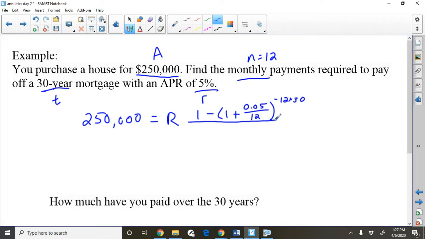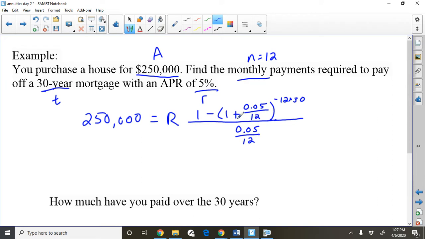And a 30-year mortgage is a fairly typical length of time for a mortgage. You can get 20-year mortgages and 15-year mortgages, but most people don't have the amount of cash ready to pay the amount monthly in order to pay off a house in that short of a time. So 30 years is kind of a standard loan. In the denominator here, let me not forget that, we have 0.05 over 12.